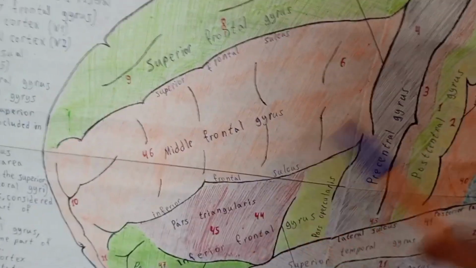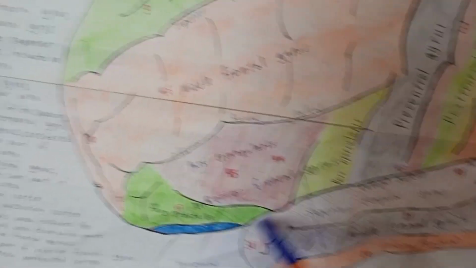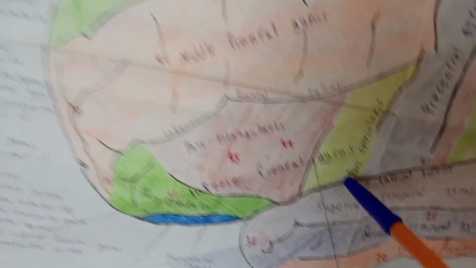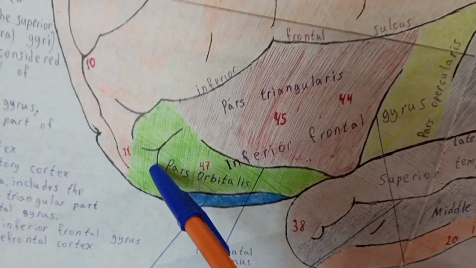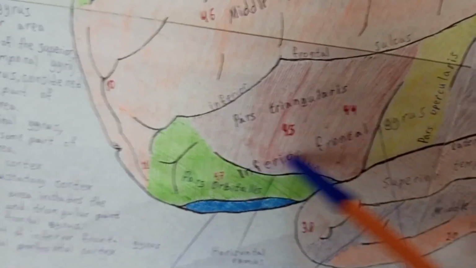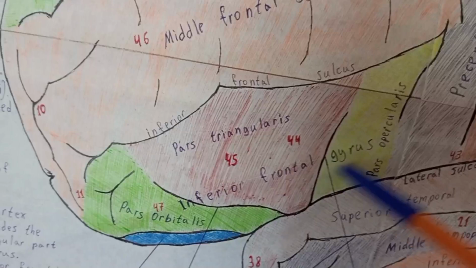Again, anatomically this is not correct, this is just schematic. And inferior frontal gyrus. Inferior frontal gyrus includes three subdivisions: pars orbitalis, pars triangularis, which is here, and pars opercularis, which is here.